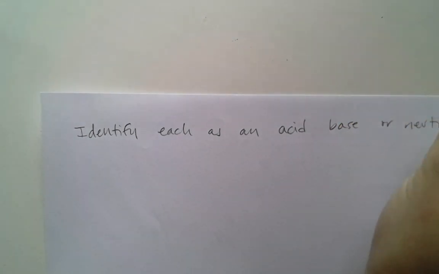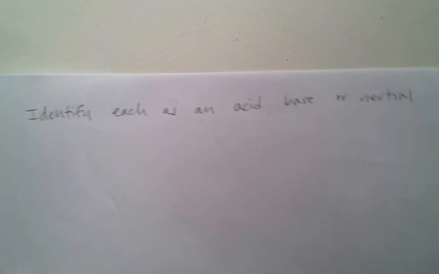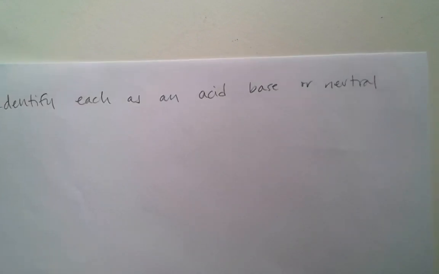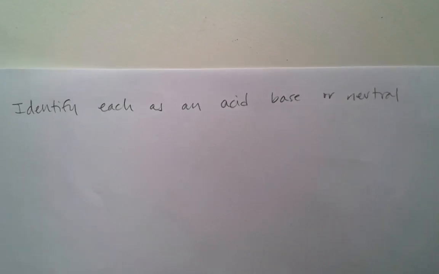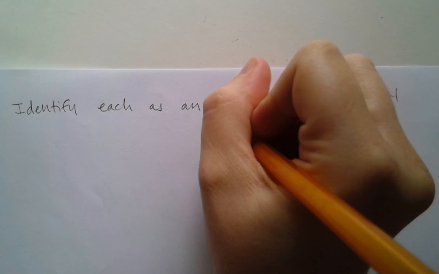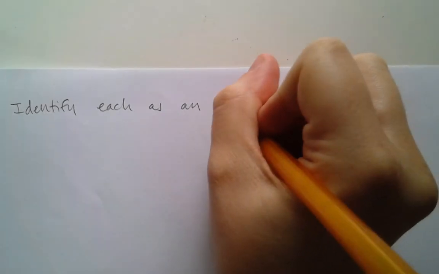I'm going to teach you something here that's not exactly true, but it's a really good starting point. And if you get to the point where this becomes not true, you'll understand why based on this description. Acids are characterized by an H plus ion.